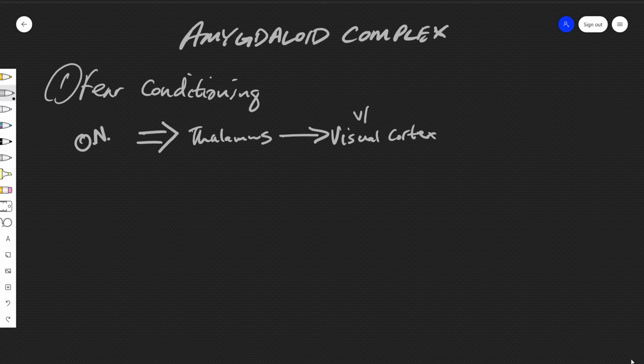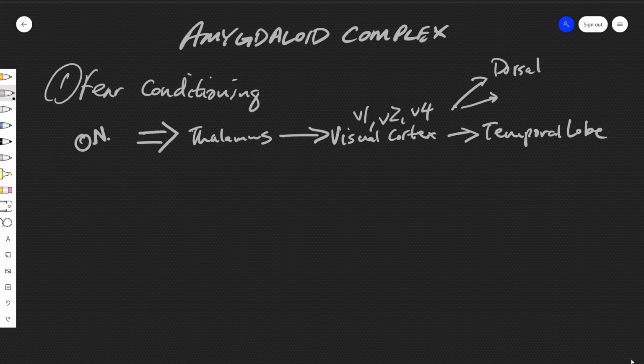So as an example, V1, V2, V4. And then it will go to the temporal lobe for the associational areas. And you might also see, if you study these in more depth, that there is a dorsal and ventral pathway.